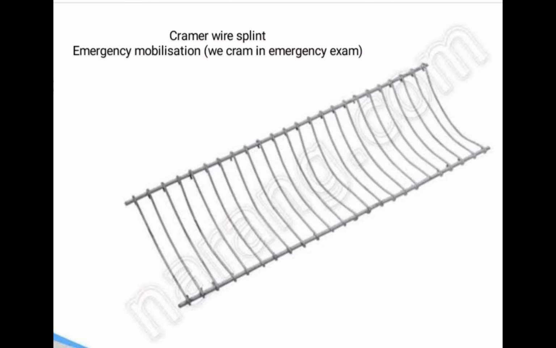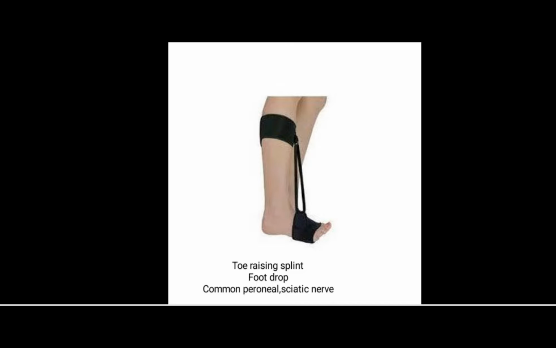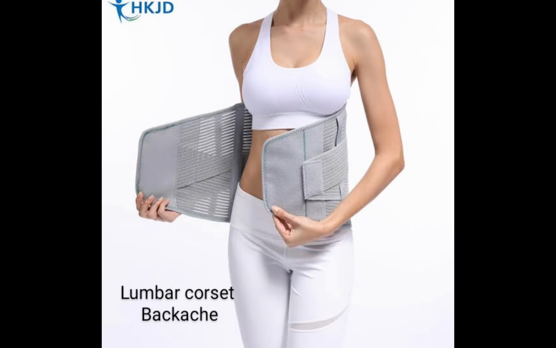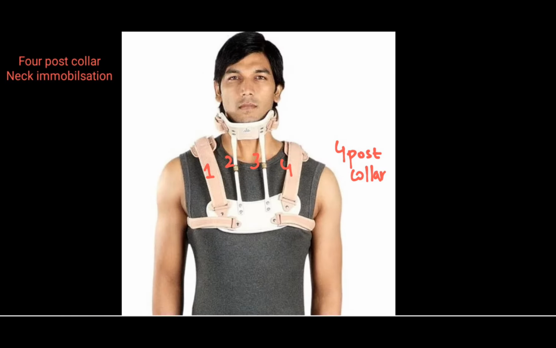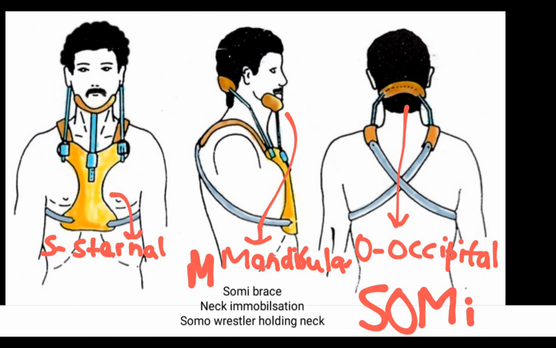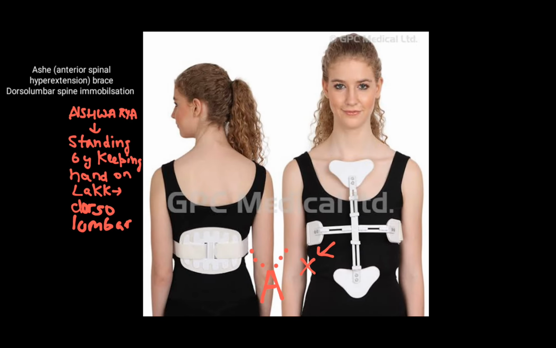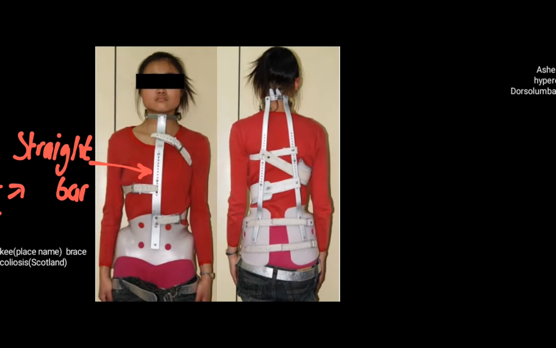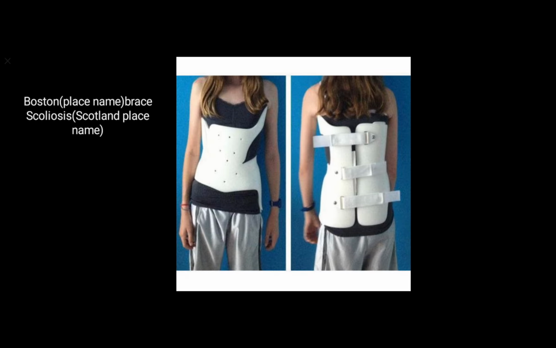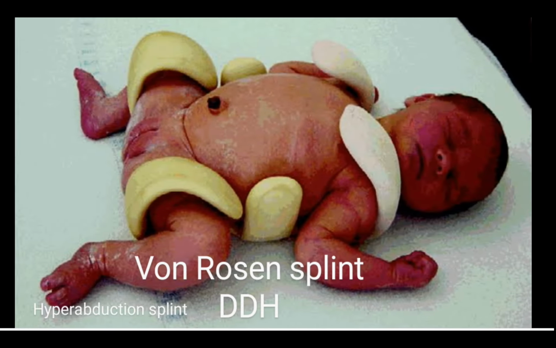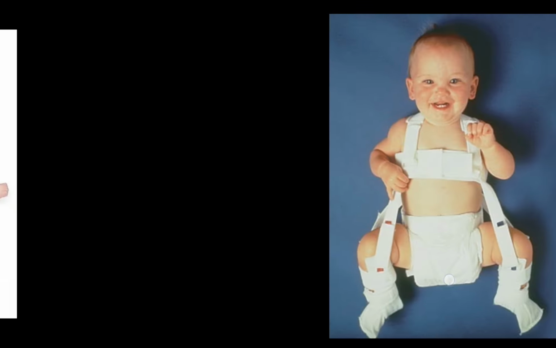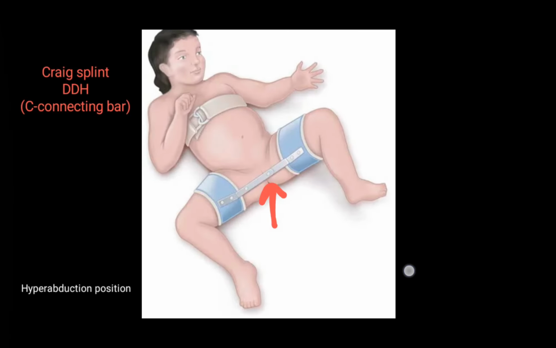Then we have Kramer splint, in emergency we use, toe raising splint for foot drop, lumbar corset, four-post collar, Somi brace, then Taylor brace, Ashe brace, both for dorsolumbar spine. Then we have the Milwaukee brace and the Boston brace for scoliosis, von Rosen, Pavlik harness, and Craig splint for the DDH.